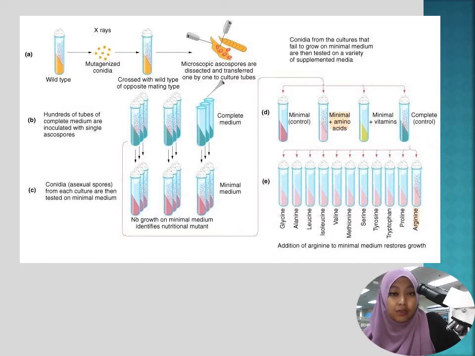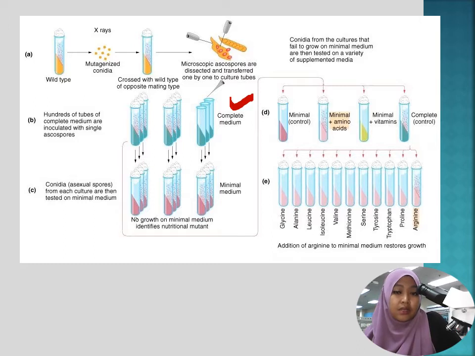They're doing this experiment. Basically, through X-ray they will produce 8 ascospores. These ascospores will be put in a complete medium. In the complete medium, all 8 ascospores will grow, including the mutant one.